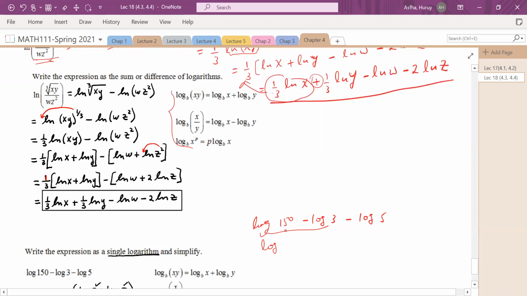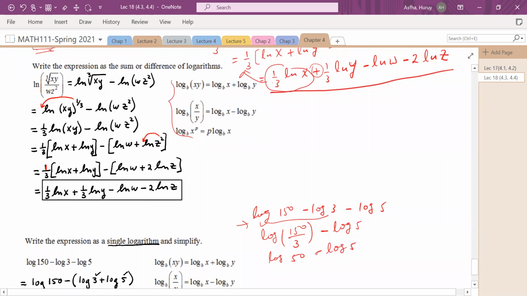But either way, you will get the same result. So I will just go from right to left. Now, using the quotient property, if you have a difference of two logarithms, we can put them together, and that will be log 150 over 3 minus log 5. And we can simplify this one, and that's 50, right, minus log 5.